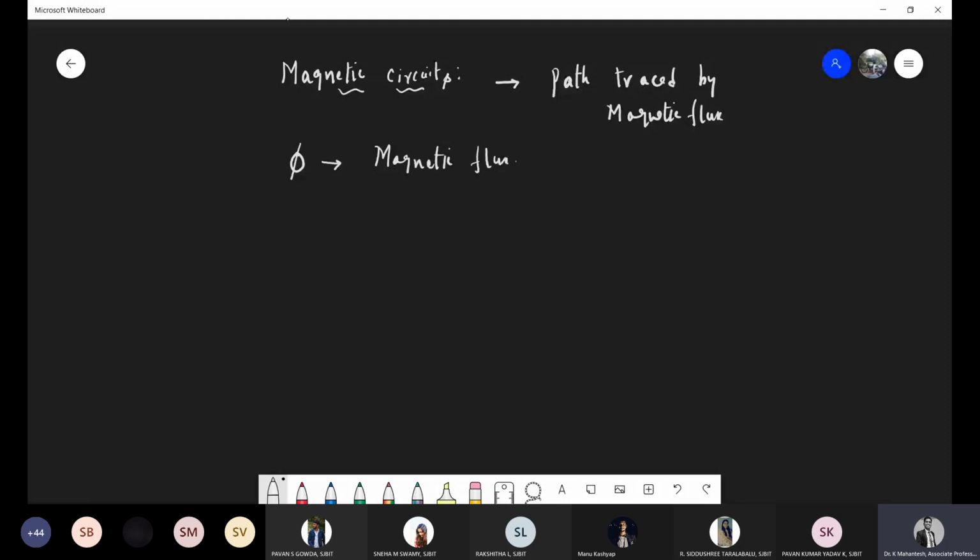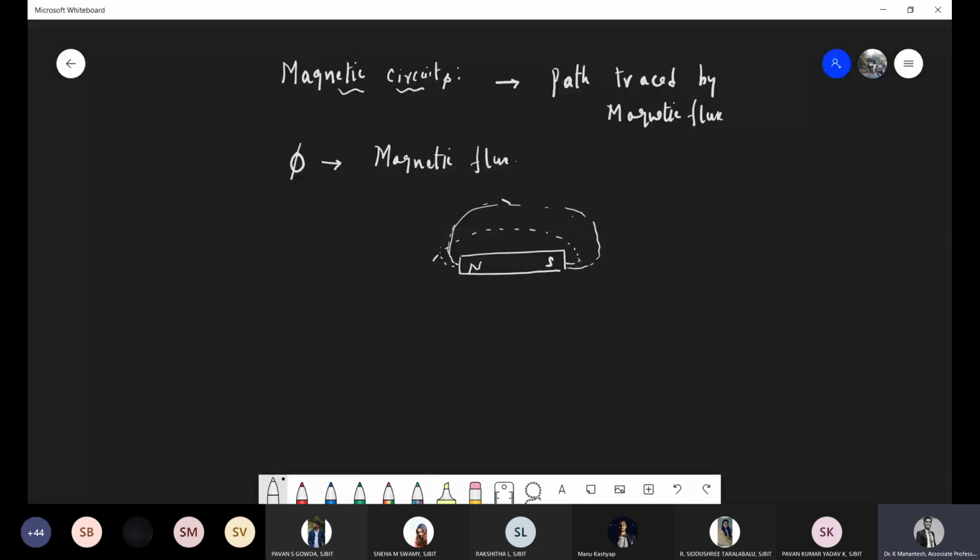Magnetic flux is an imaginary set of lines of force. See here the flux lines exist. Say if I have a permanent magnet, north and south, the flux lines would be like this. It starts from the north pole and it ends at the south pole.